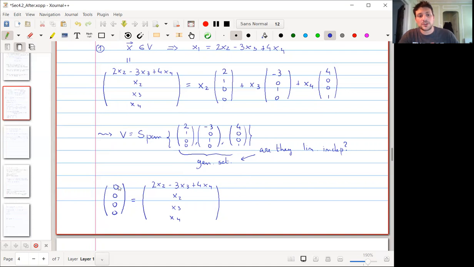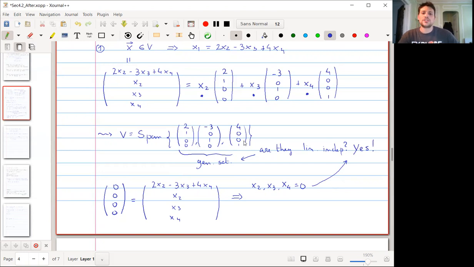Well, you see that if you write the 0 vector like this, it forces immediately x2, x3, and x4 to be equal to 0. In other words, if you write it as a linear combination, the 3 coefficients must all be 0, which is saying that these vectors are linearly independent.